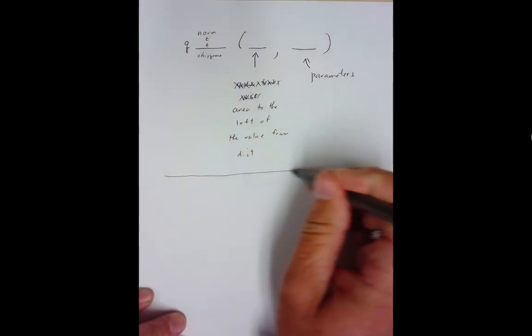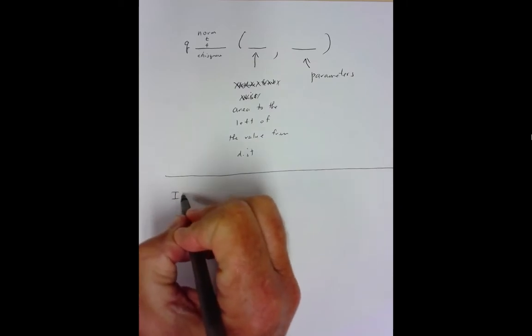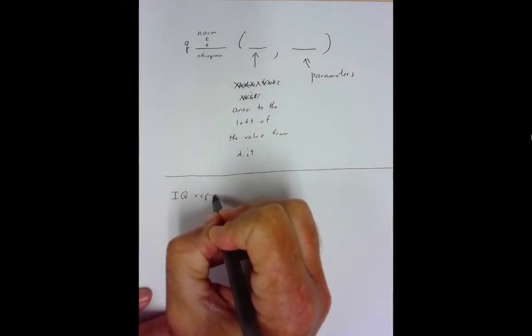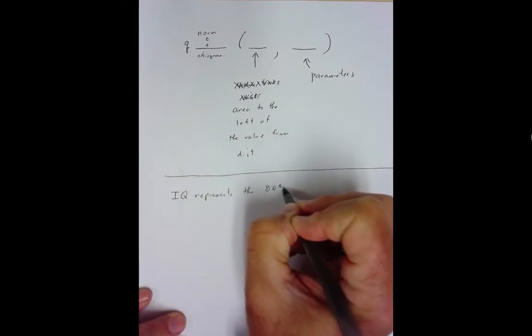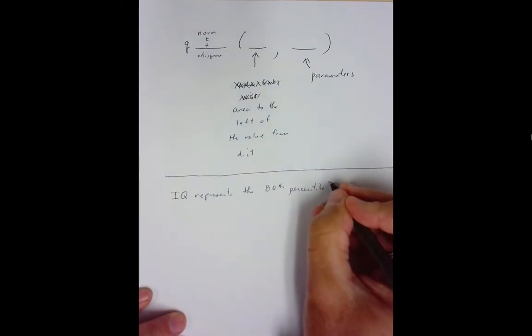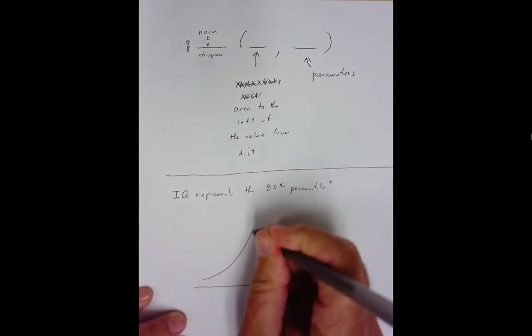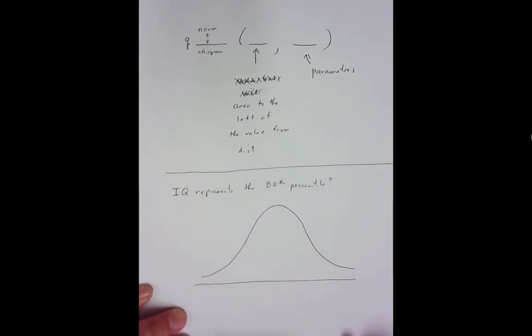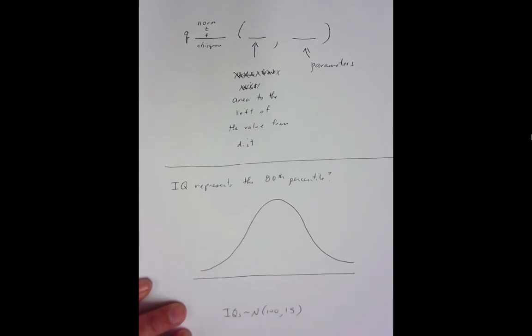So what this tells me is, let's say, for example, we'd like to know what IQ represents the 80th percentile. Well, getting a picture of this, IQs are represented by a normal distribution, mean of 100, standard deviation 15.